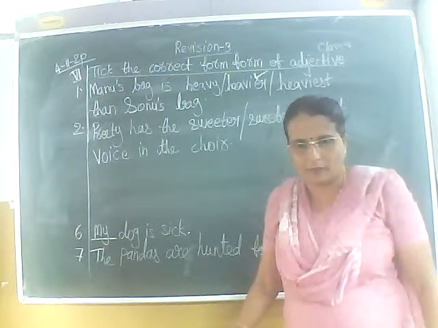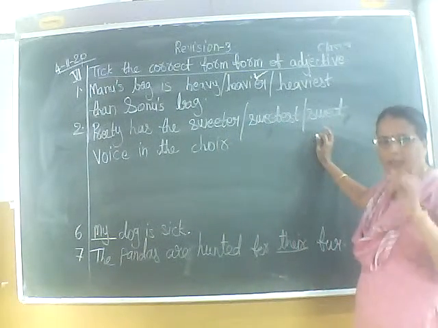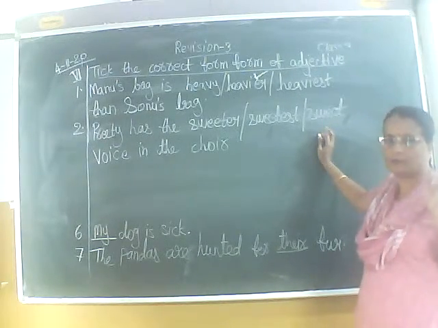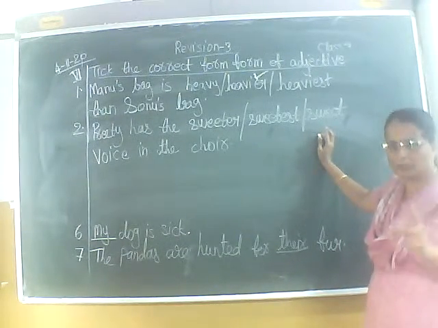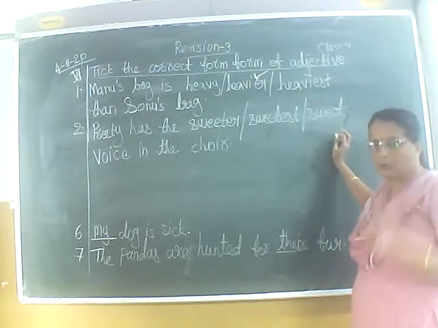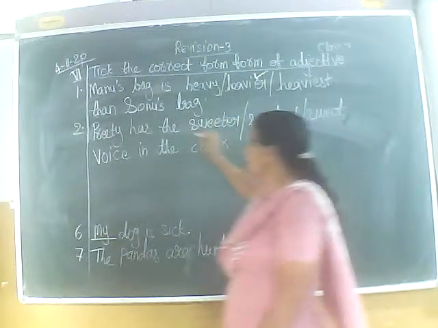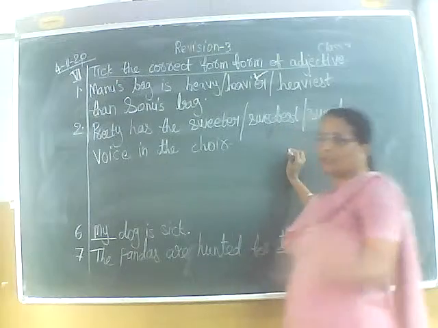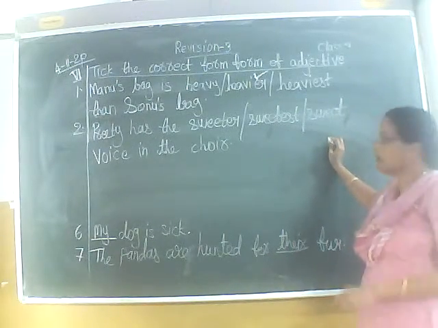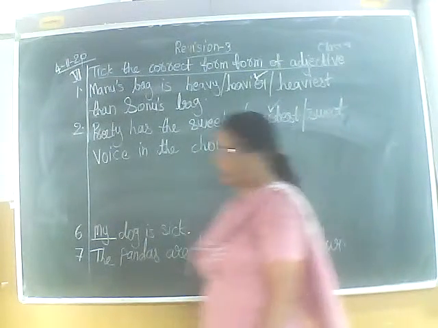So what form will we use here? Yes, we use superlative degree, because we use superlative degree to compare the quality of more than two people or two things. Also, if you see the article the placed before an adjective, then it is compulsory to use superlative degree. So here the superlative degree is sweetest.